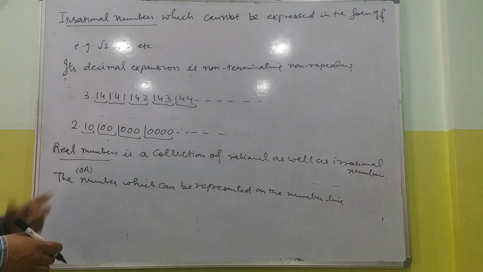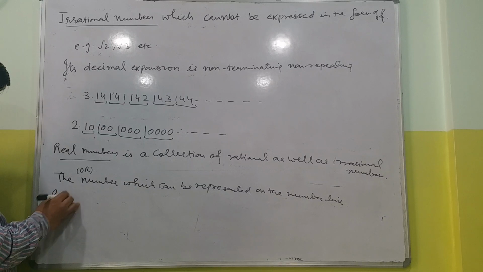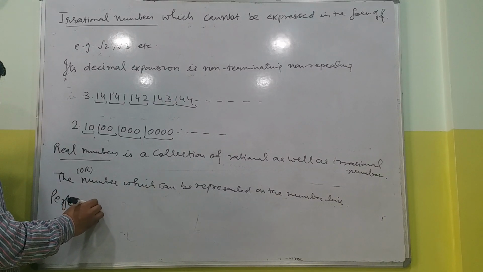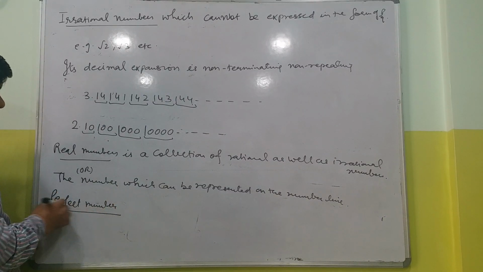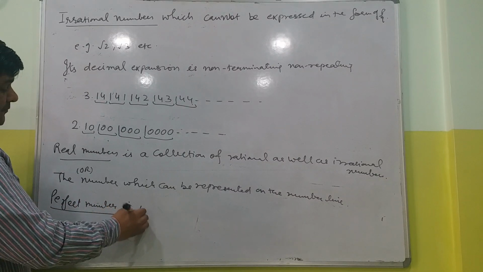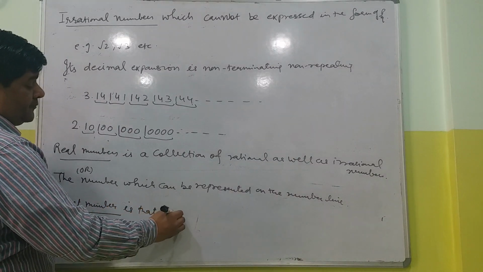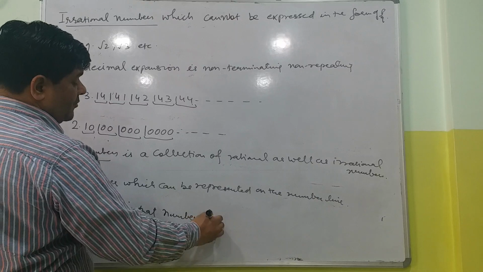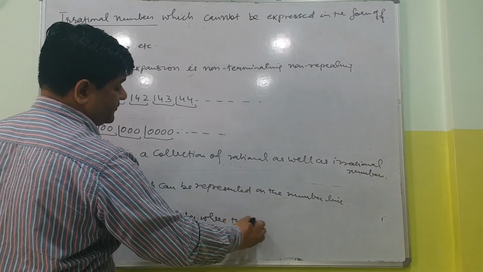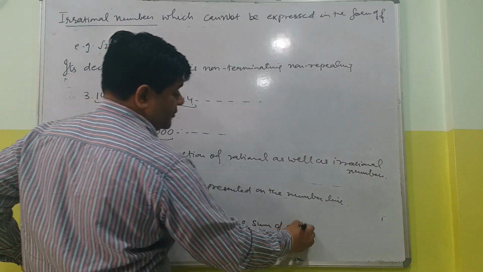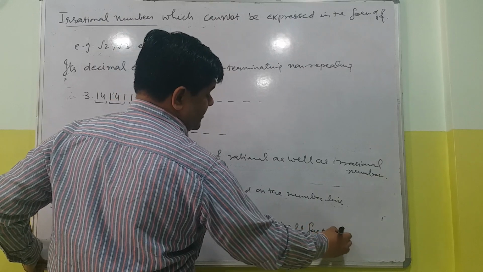There is another definition, perfect number. A perfect number is that number where the sum of all the factors is twice the number.